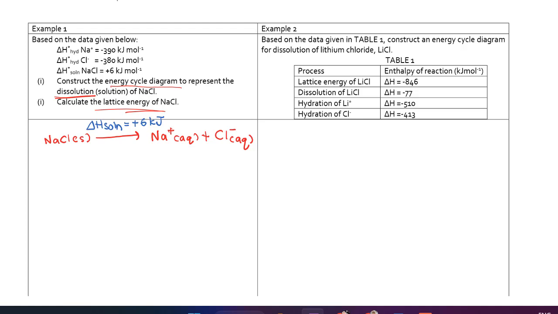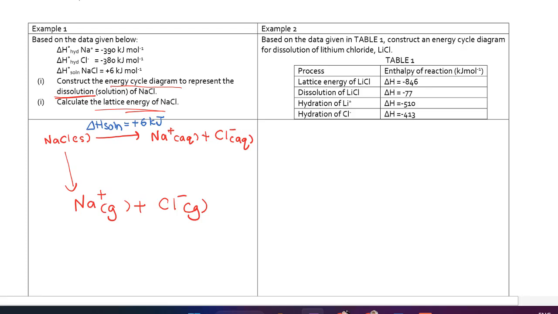What actually happened? Na and Cl will break into gaseous ions. This is lattice dissociation, an endothermic reaction, and then it will be hydrated.